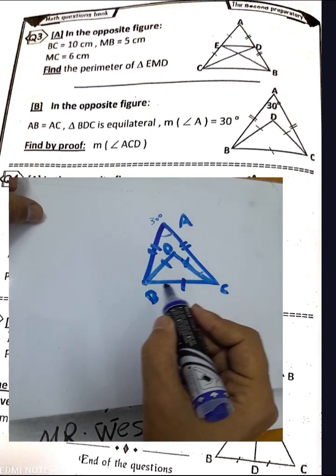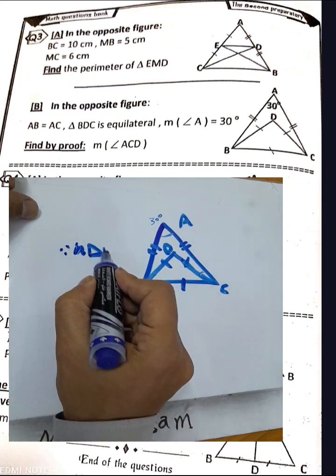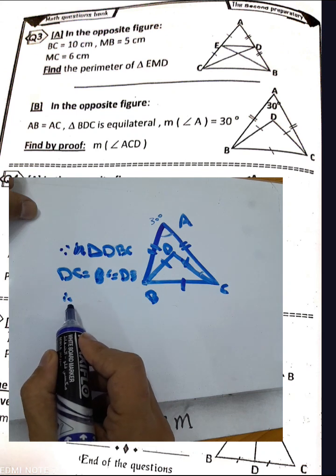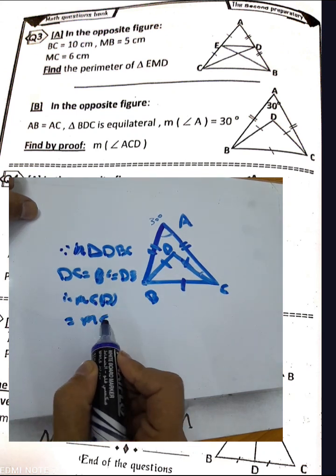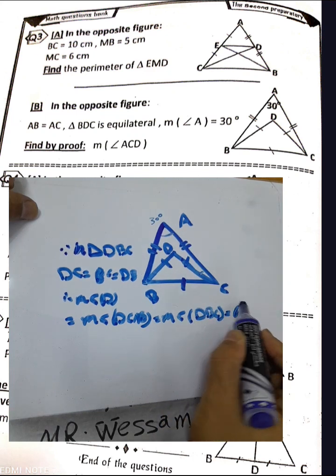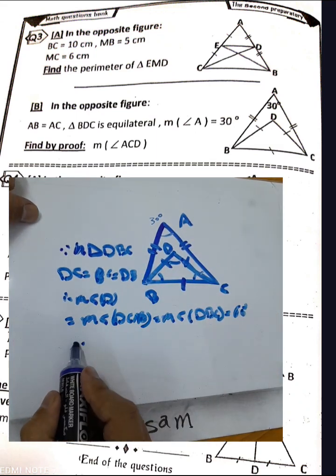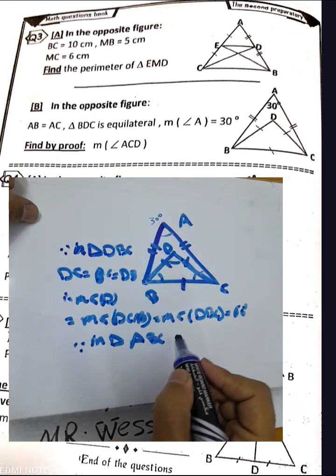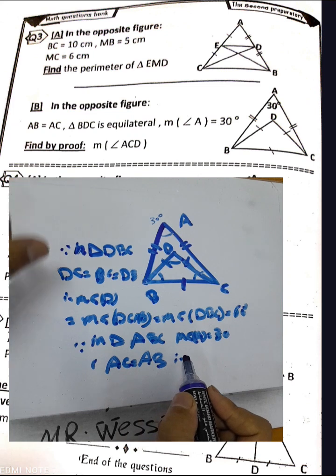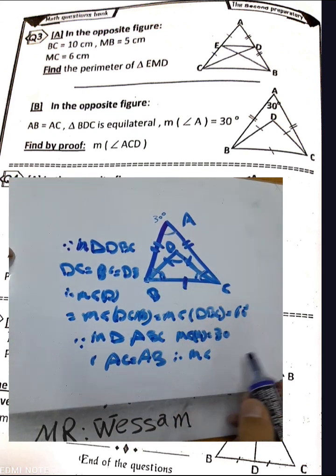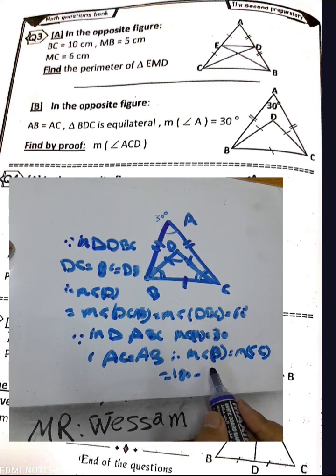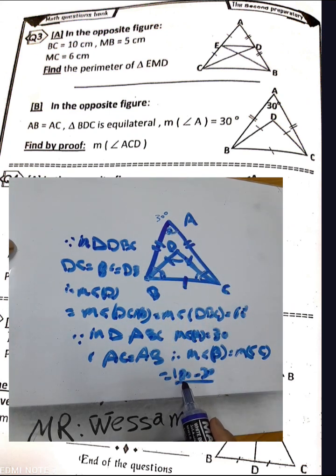We know this triangle BDC is equilateral, such that in triangle DBC, DC equals BC equals DB, then the measure of angle D, the measure of angle DCB, and the measure of angle DBC are each 60 degrees. And in triangle ABC, the measure of angle A was 30 degrees, and we have AC equal to AB, then the measure of angle C by the base will be equal to the measure of angle B. Measure of angle B equals measure of angle C equals 180 minus 30, the vertex here was 30, divided by 2.